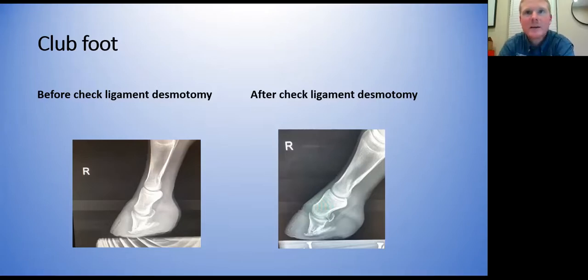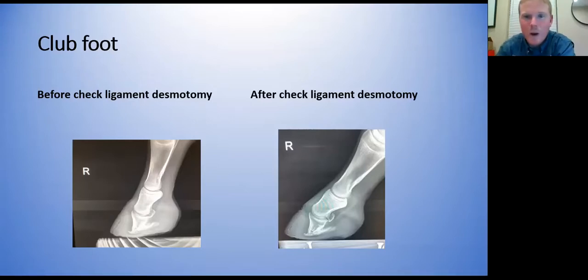And so a check ligament desmotomy in these horses is sometimes a way to go in terms of surgical management, in terms of allowing this deep digital flexor tendon to have that relaxation and go to a semi-normal position, okay? This is the horse before, on the left-hand image, before check ligament desmotomy. This is the horse after. I need to have a proper balance of the foot. I'm not there yet. And so even while doing surgery as a surgeon, I still need to properly balance the horse's foot.